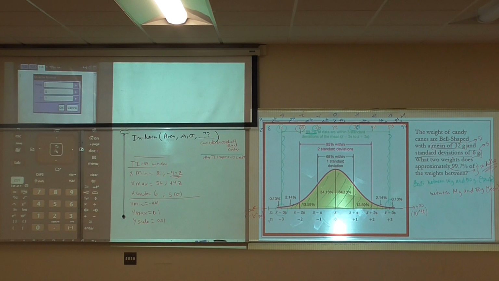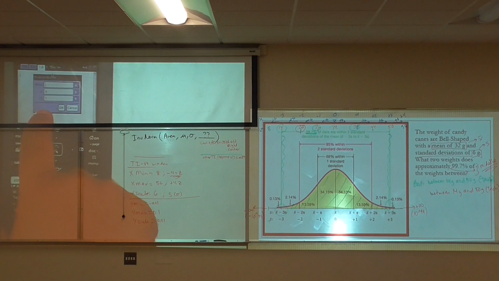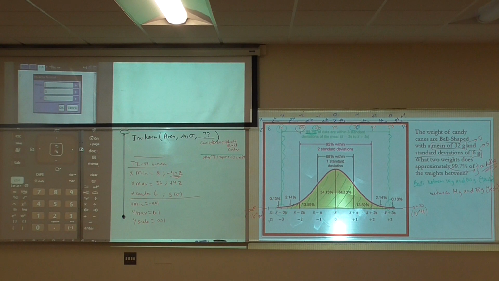And this is where I come to see and realize, oh, notice how I don't have the option for left, right, center. So what this is, it's always going to be a left. Keep that in mind. So what you guys got to do is you have to get the corresponding left tails. Left tail and right tail for the most part. That's what we're going to do. And I'm going to show you over here in this side before I even do this, because we have to know what that is.